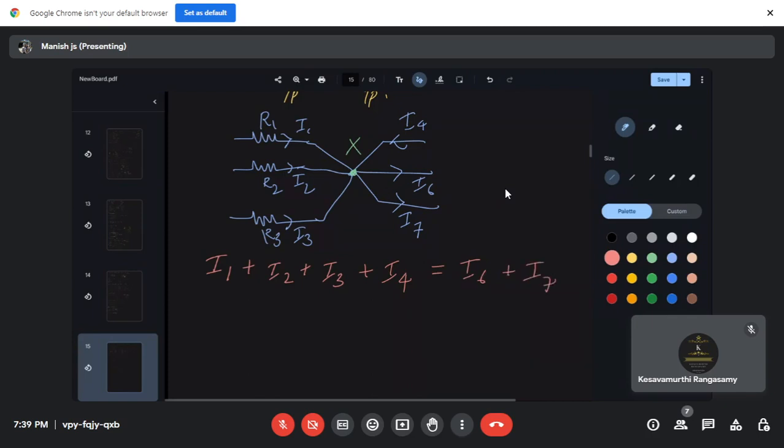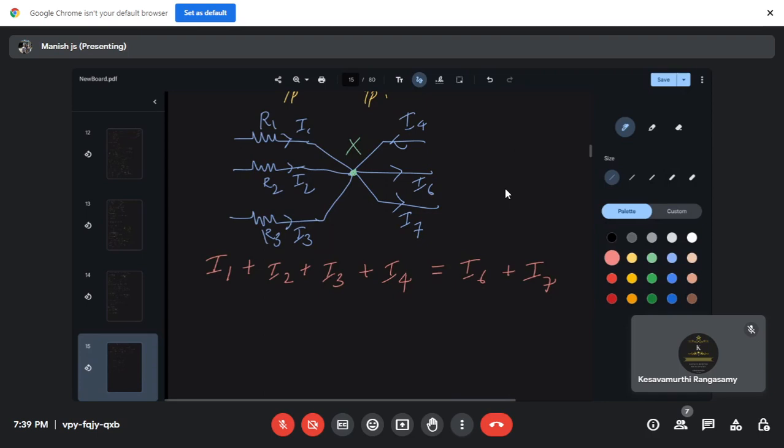This is how you write down the expression for Kirchhoff's current law at a node or a junction. This is the method to write it. This is one of the laws. Is it clear, or does anybody have a doubt? I hope this part is clear to all of you. Yes, sir.